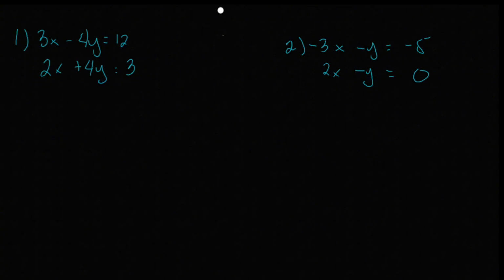For example number 1, let's observe the numerical coefficients of the variables. Let's go first with variable x. As you can observe, the numerical coefficient of x is 3, and then the other one is 2. So remember, for you to eliminate, you need to have the same numerical coefficient and different sign.